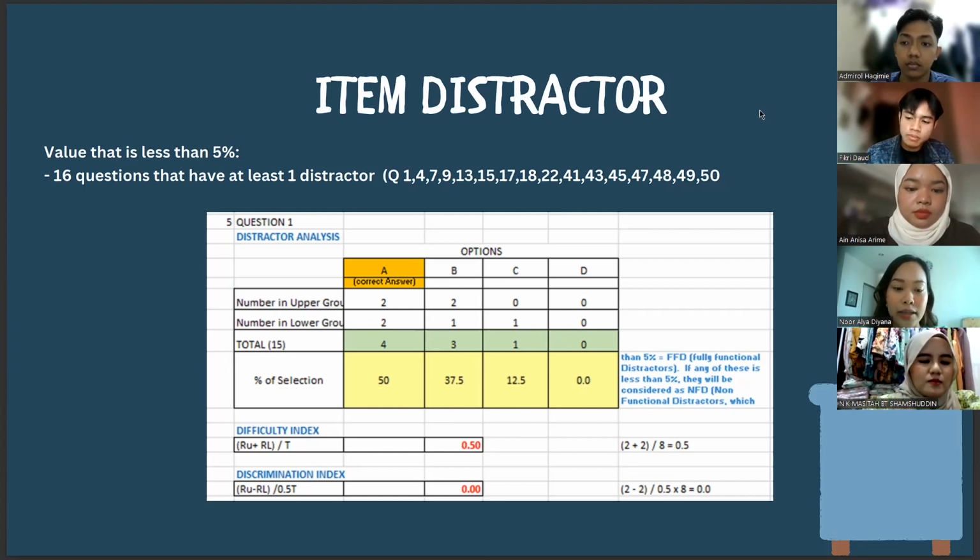And this is an example of a question with one distractor, which shows that the answer for option D is lower than 5% compared to the other three answer options. Next.